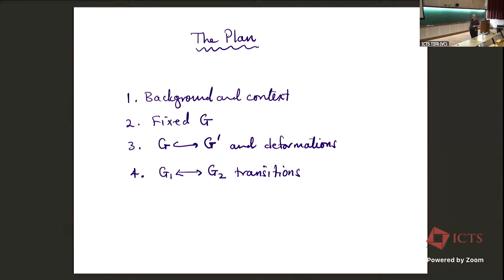Then I want to look at the way the picture changes if you embed the real Lie group in a bigger group, so that'll be G into G'. And then look at a situation where you have 2 different Lie groups that are related in some way, and the relations that you see from the different points of view in that setting.